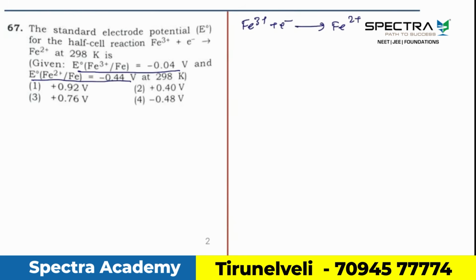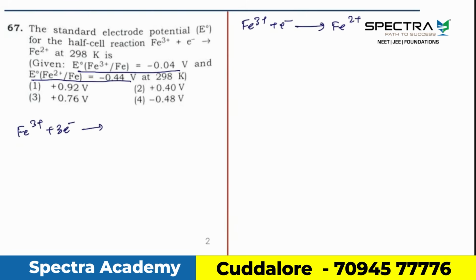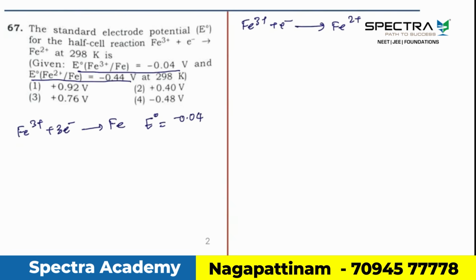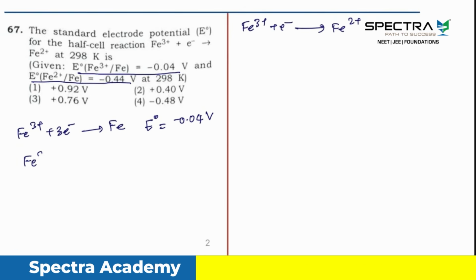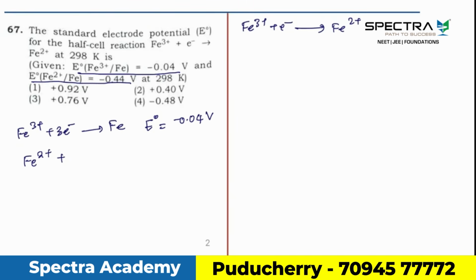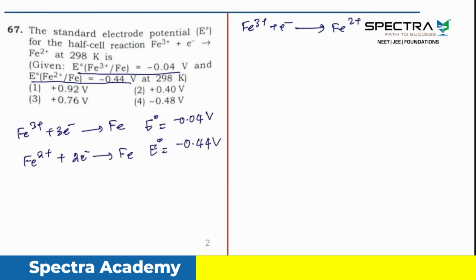So let's see the reduction reaction of ferric ion, that is Fe3+ plus 3 electrons will give you Fe. The potential of this reaction is minus 0.04 volt. Now the next reaction is reduction of ferrous ion, that is Fe2+ plus 2 electrons will give you Fe. The potential is minus 0.44 volt.